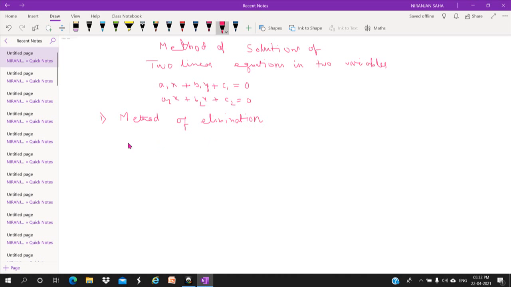Second is the method of comparison. Third is the method of cross multiplication.